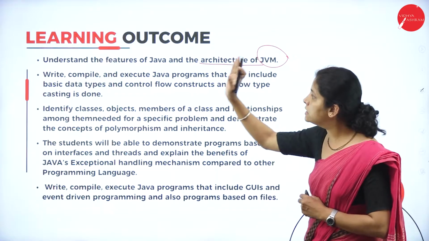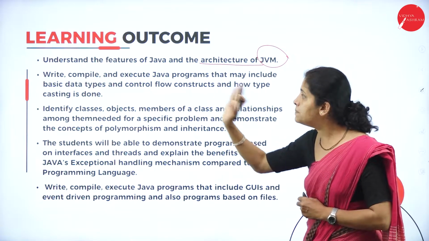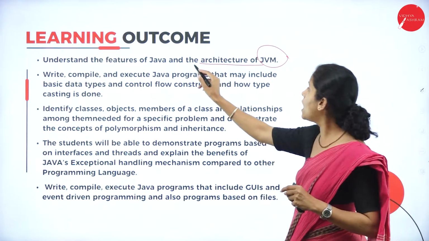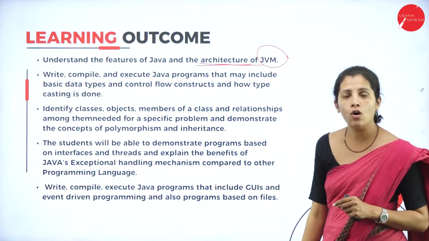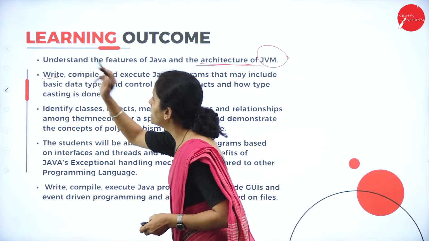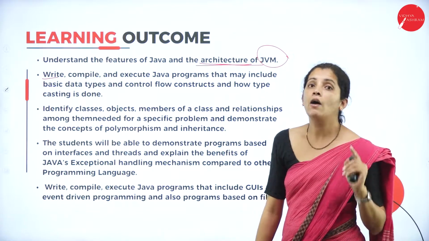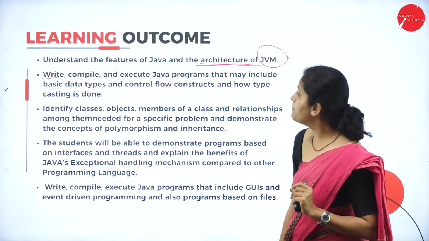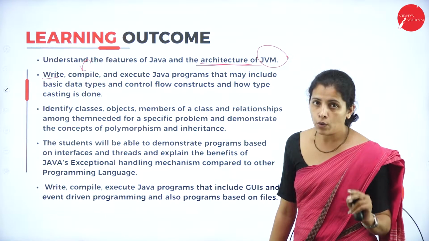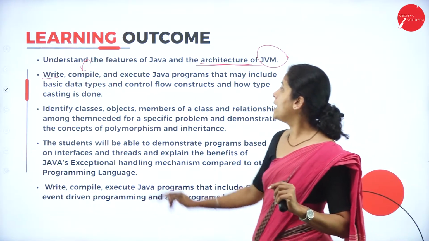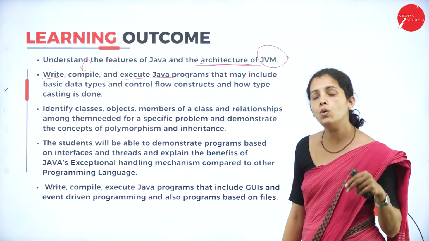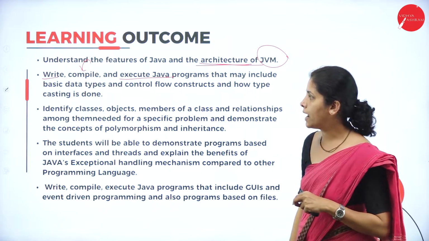But in today's learning outcome, it helps to understand the features of Java along with the architecture of the Java virtual machine. Now, we can write our own Java program as well as compile our own Java program. Along with that, I can execute our own Java programs.